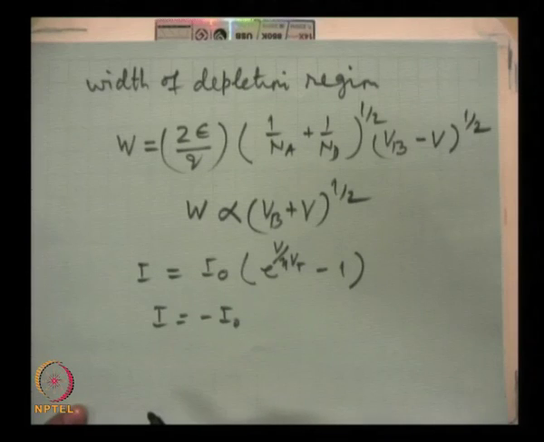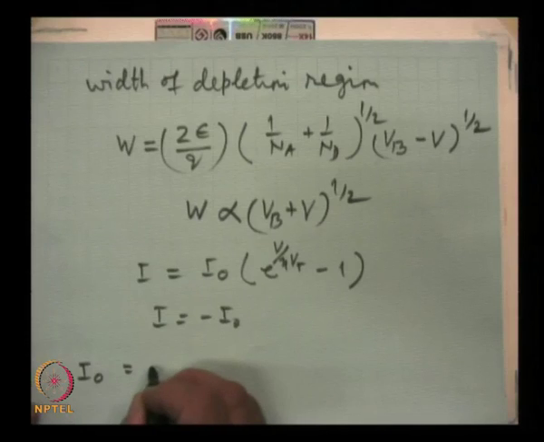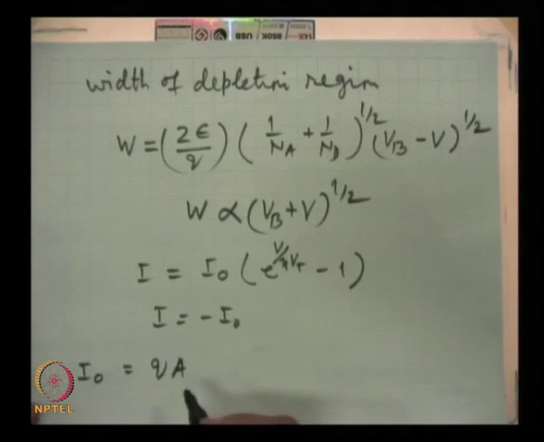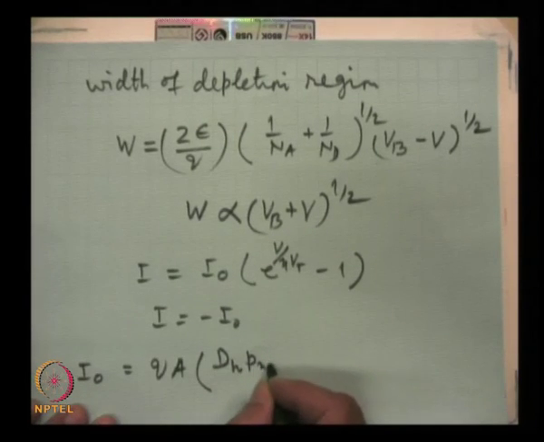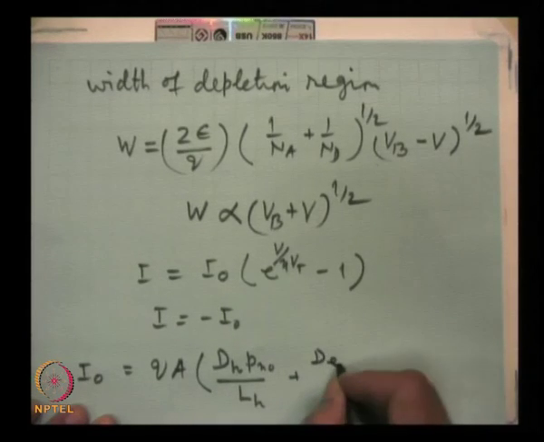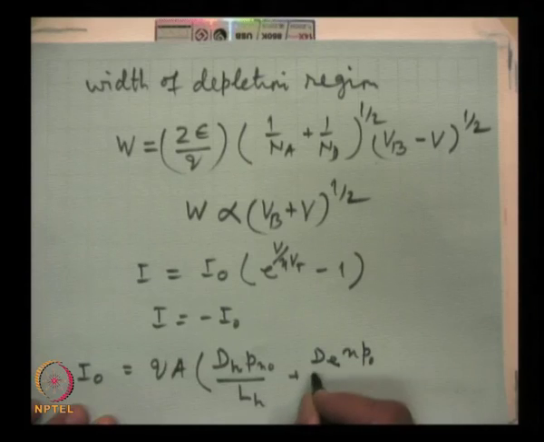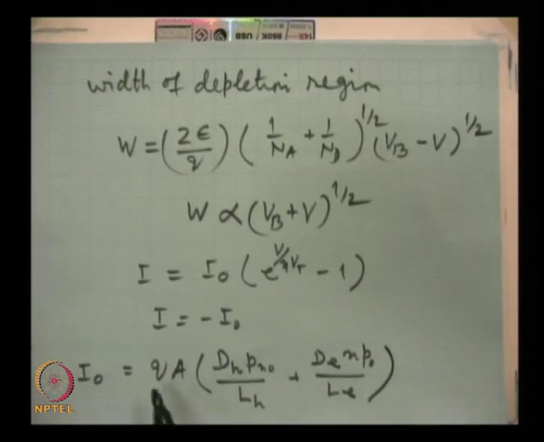If you go into the deeper physics of the device, then this reverse saturation current is given by Q times A times (Dh pn0 / Lh plus De np0 / Le), where Q is the charge, A is the area of cross section, so the higher the area of cross section, the higher the reverse current.